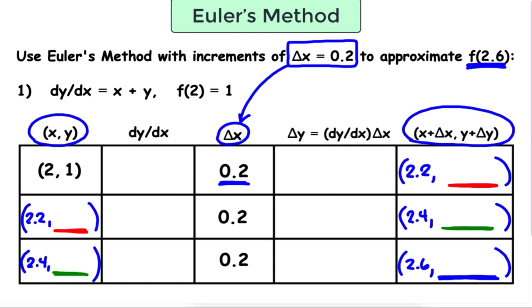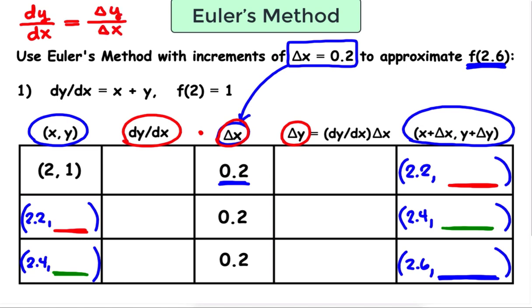Okay. The premise behind this is if you know dy/dx, which we do, and you know delta x, which we do, if you multiply them together, you're going to get delta y. Let me show you why that works. I'll try to find some space up here in the corner. If you have dy/dx, dy/dx is high school slope. It's the derivative. You also have middle school slope. And middle school slope is just rise over run, or change in y over change in x.